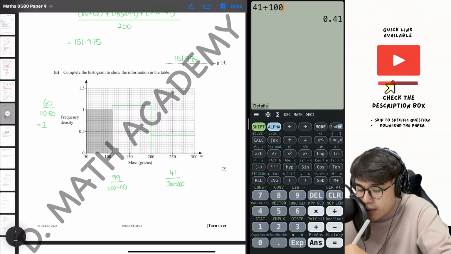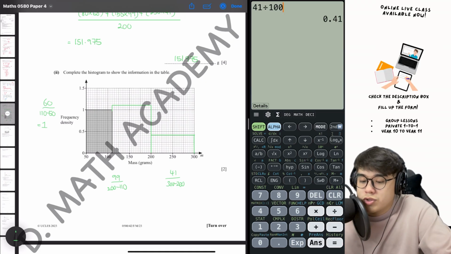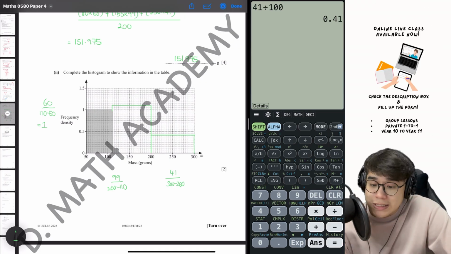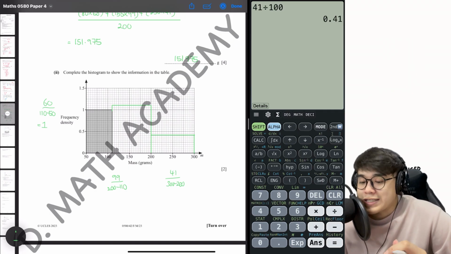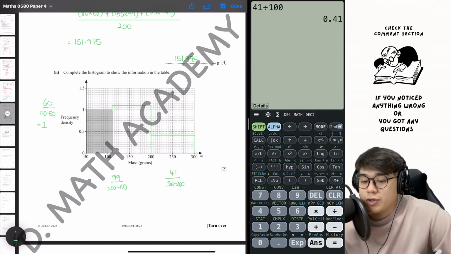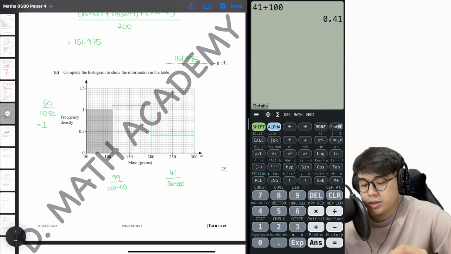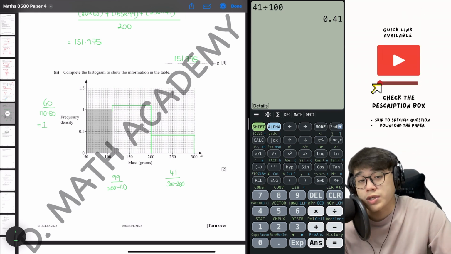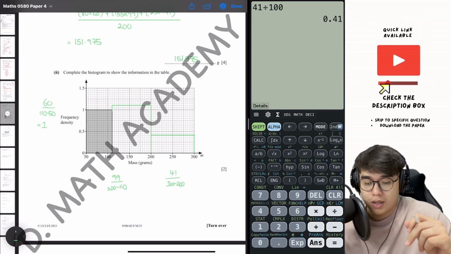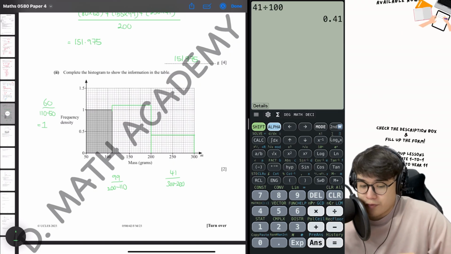Then just draw it down. So this will be the frequency density diagram that they are expecting from you, that will earn you 2 marks with just these two simple workings. So that's it for question 2.